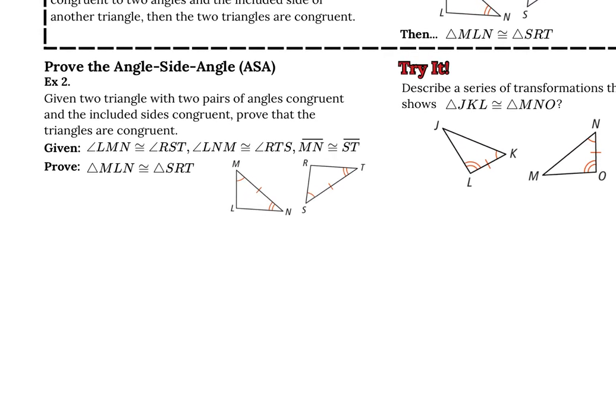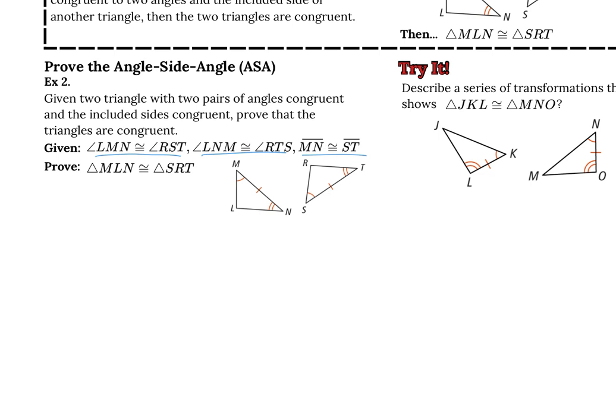Example 2. Given two triangles with two pairs of angles congruent and one side congruent, prove that the triangles are congruent. They gave us our first angle that's congruent, our second angle that's congruent, and our side that's congruent. We want to prove that our two triangles are congruent.